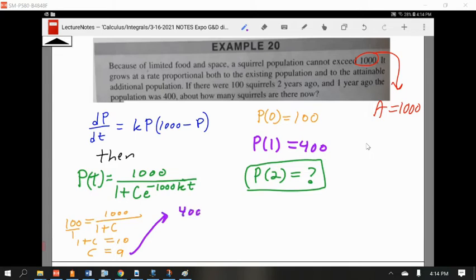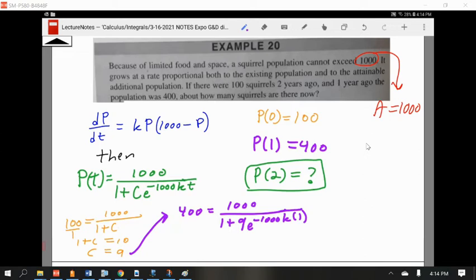I know that there are 400 of these squirrels when there can only be a maximum possible of 1,000. So 400 equals 1,000 over 1 plus 9 e to the negative 1,000 k times 1. Now I'm going to plug 1 in for t, and I plug 400 in for P.